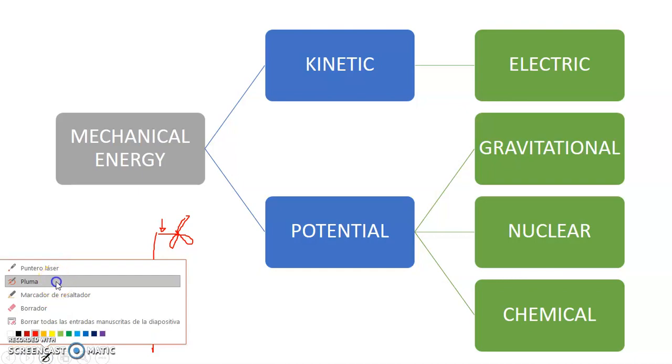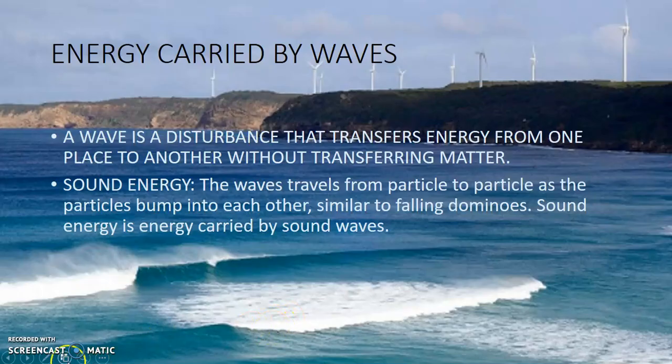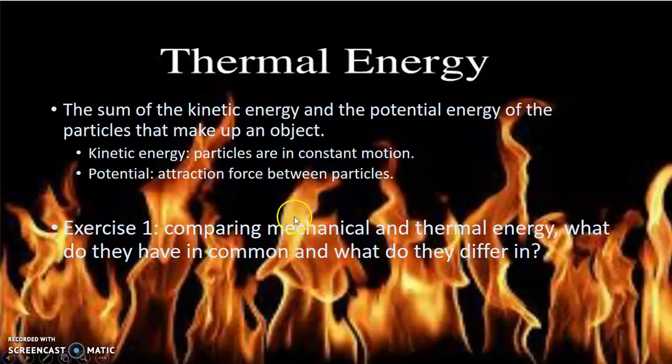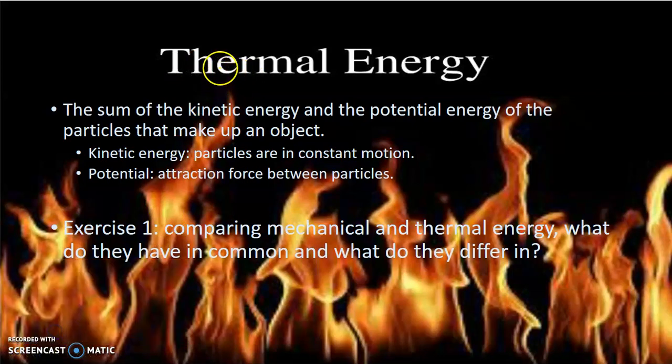But there are more forms of energy. We also have thermal energy. So when we are talking about thermal energy, thermal means heat, it is related with temperature. Okay, so thermal is related with temperature, and it says that it is the sum of the kinetic energy and the potential energy. But in this case, it's not the one that is contained by the object, but by the particles that make up the object.